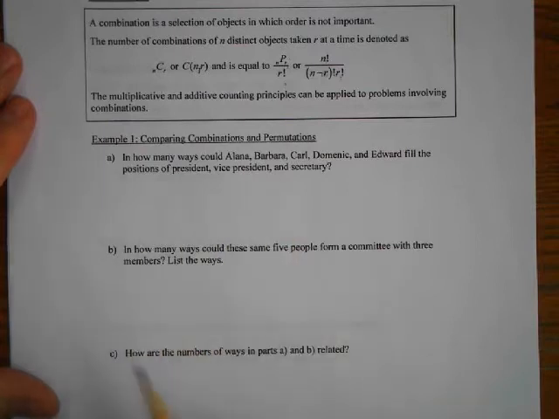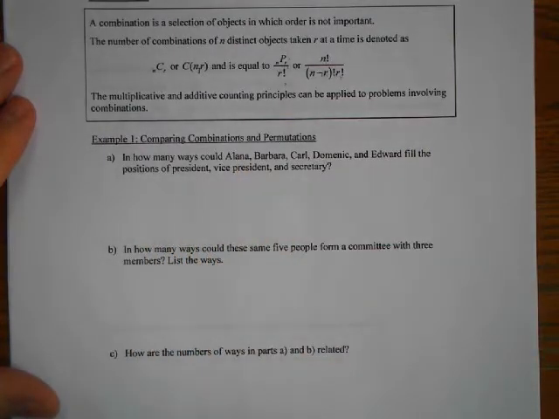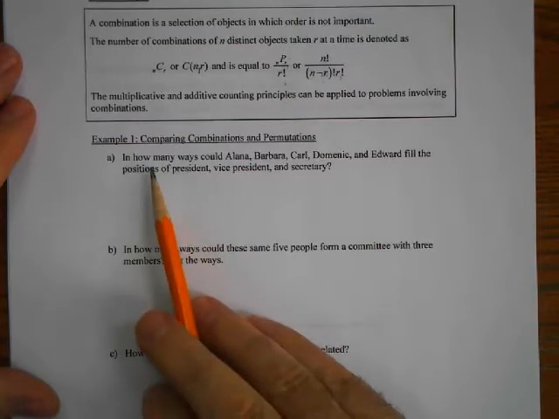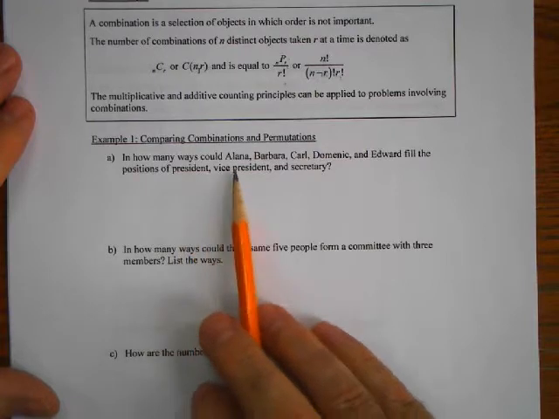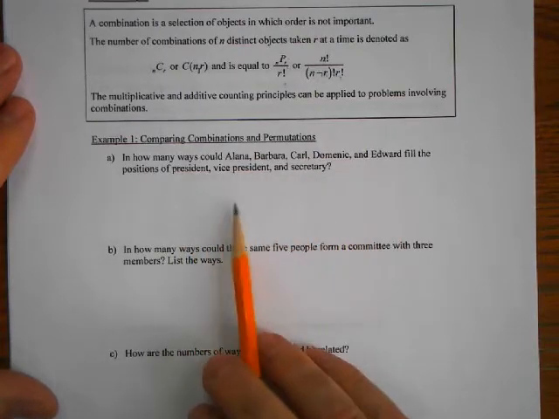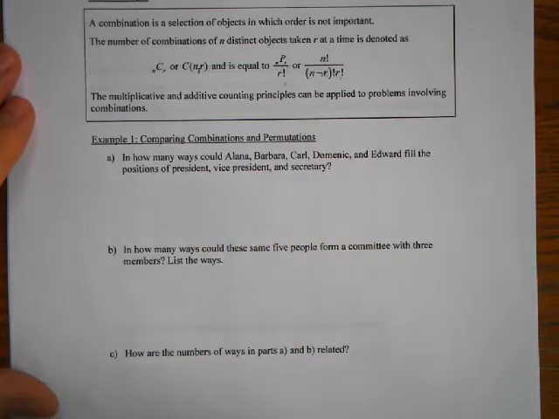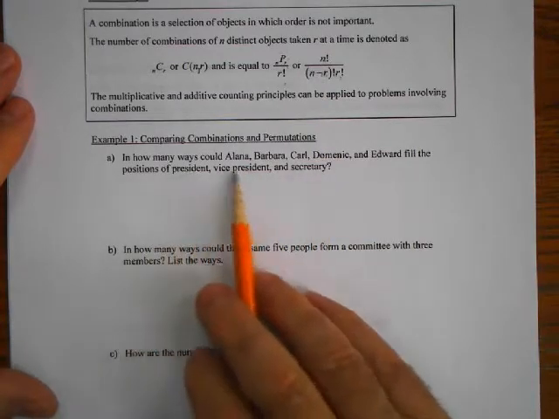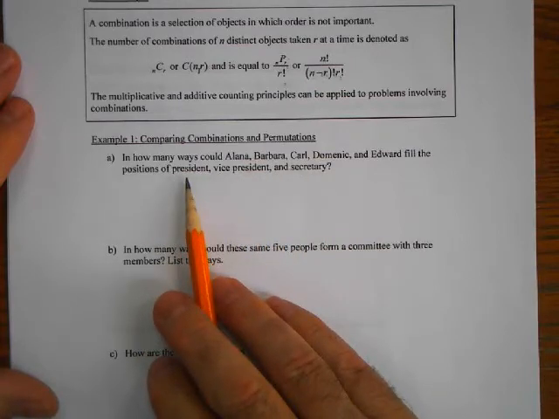This is a situation where we're going to be looking at permutations and combinations. In how many ways could Alana, Barbara, Carl, Dominic, and Edward, A, B, C, D, E, fill the positions of president, vice president, and secretary? These are specific roles for when we pick these people, so the order does matter.